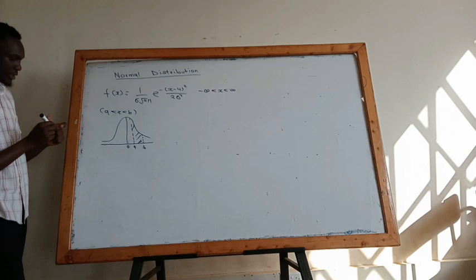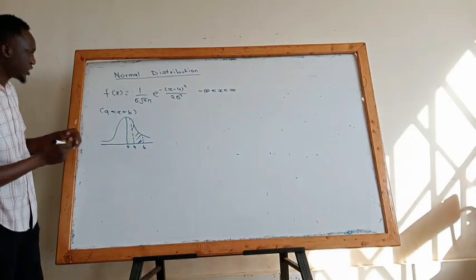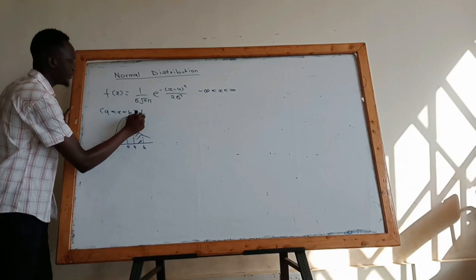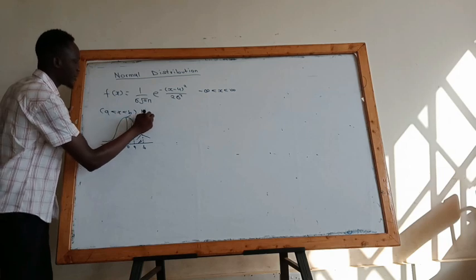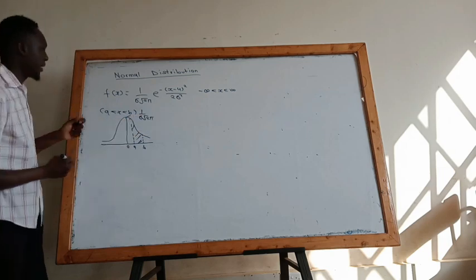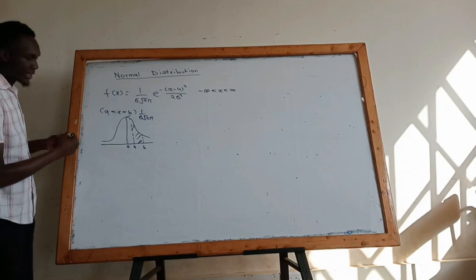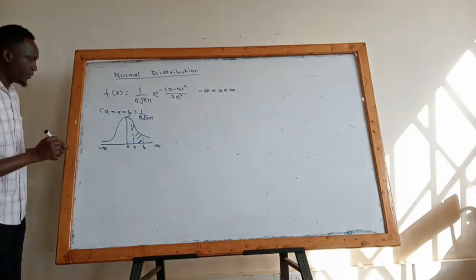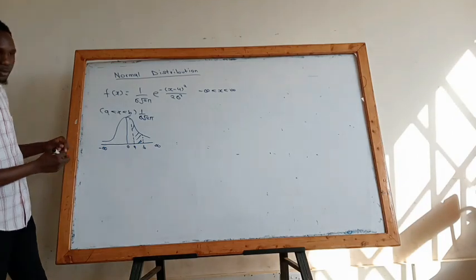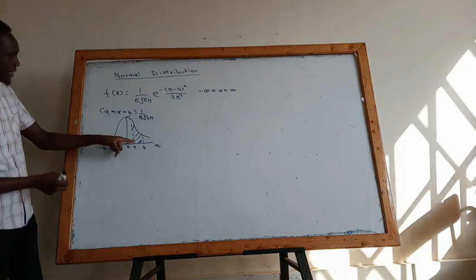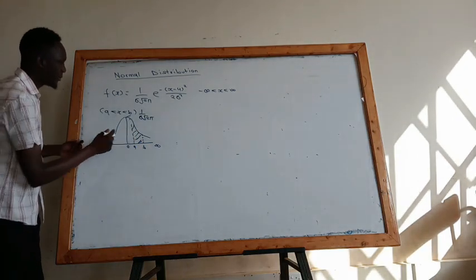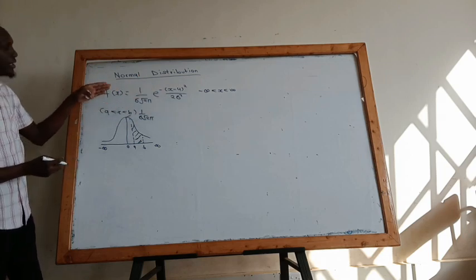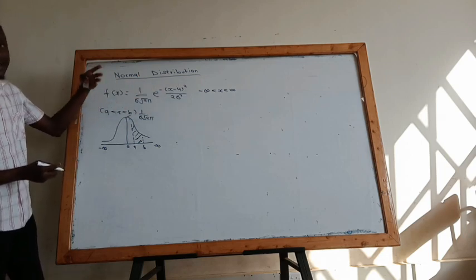You should notice that the normal distribution is bell-shaped, and the maximum point is always 1 over standard deviation square root of 2 pi, and it runs from negative infinity to infinity. So to find the area between a and b, we should always integrate, but integrating this function is difficult and tedious.